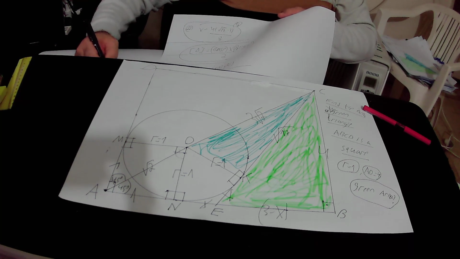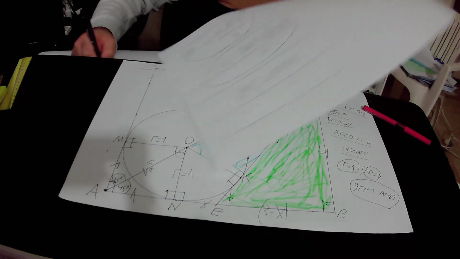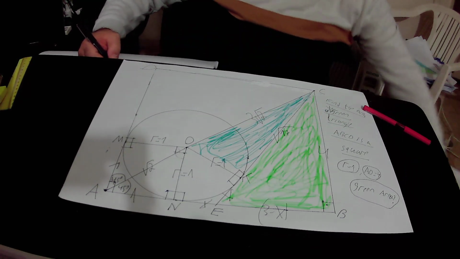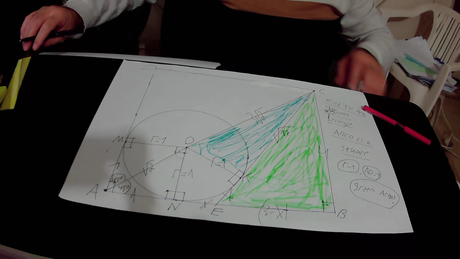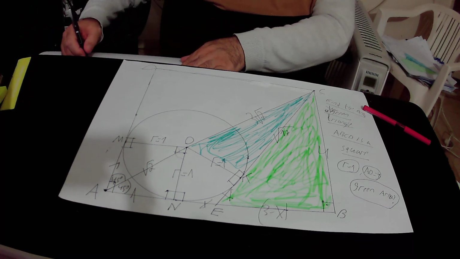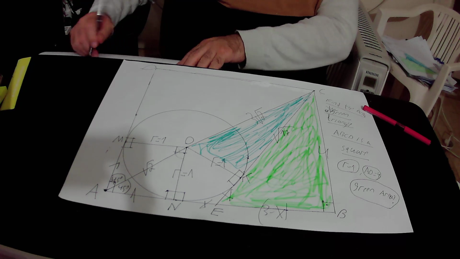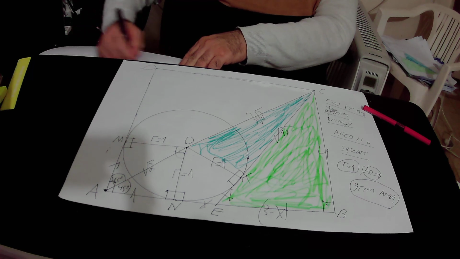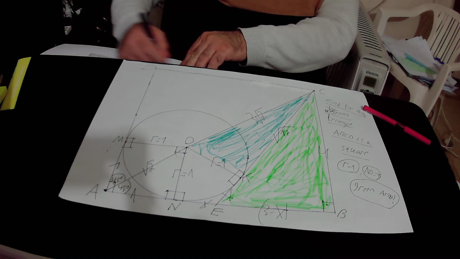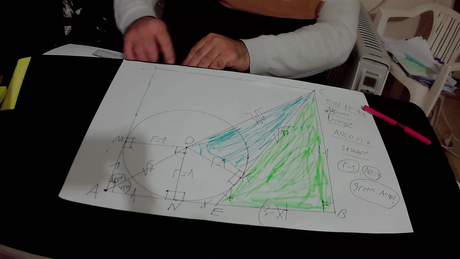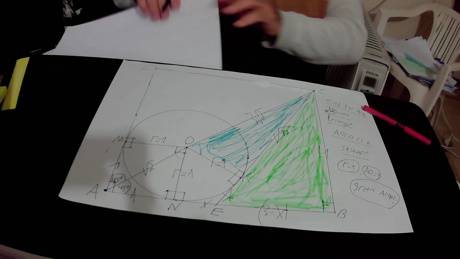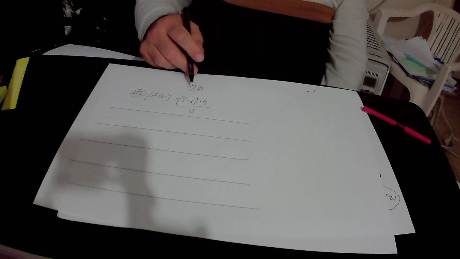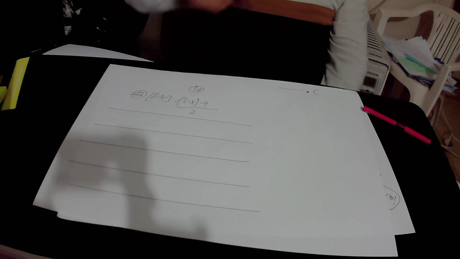This times 4 over 2. Okay, so in conclusion, we found out that the area of the green right triangle, according to equation number 3, equals 3 minus x times 4 over 2.